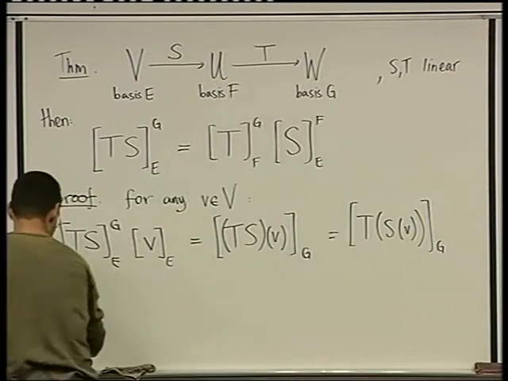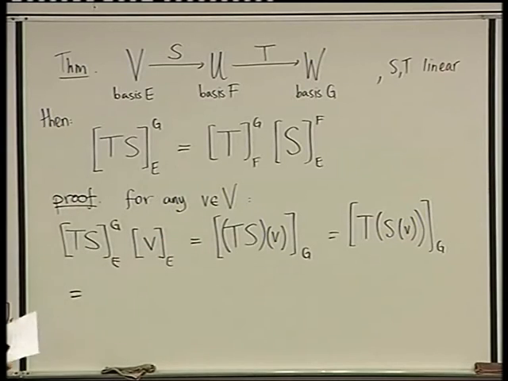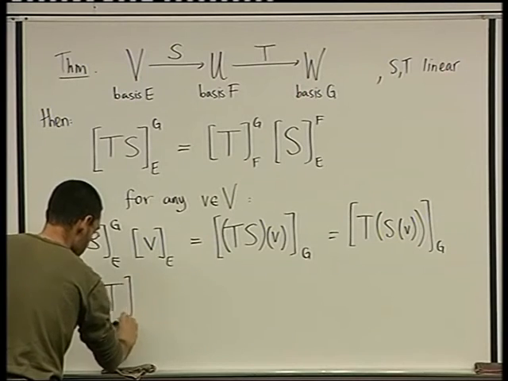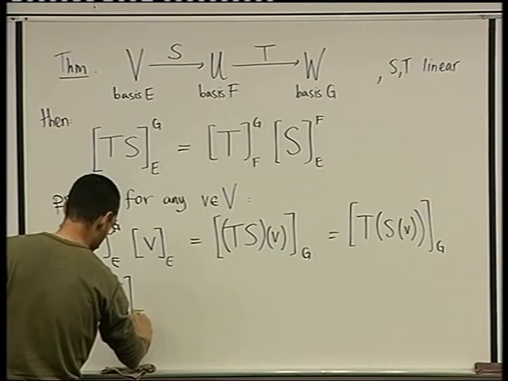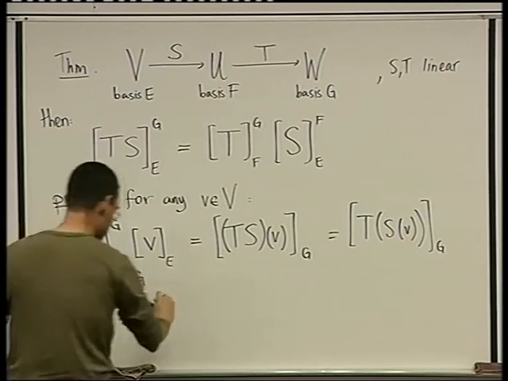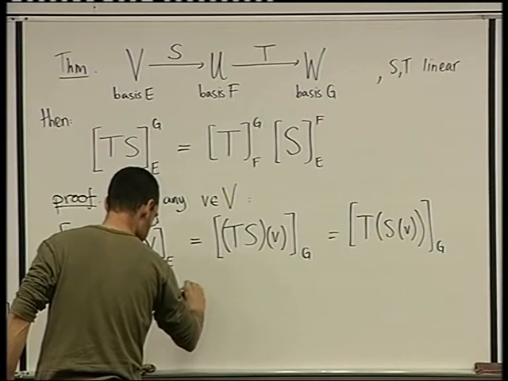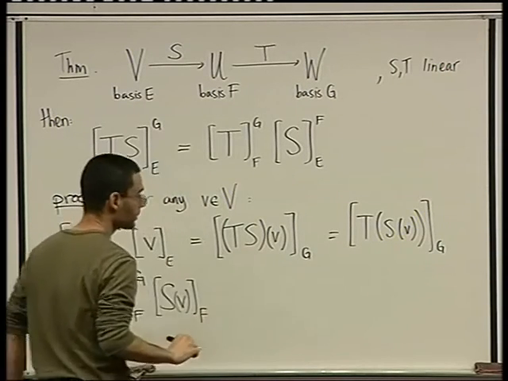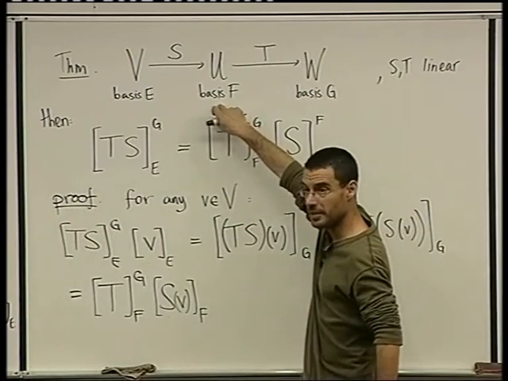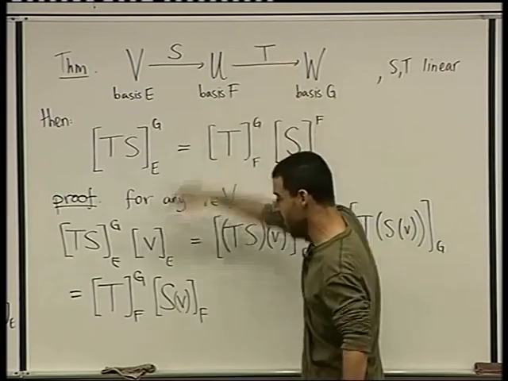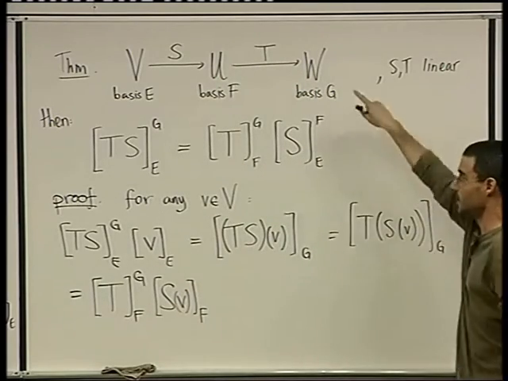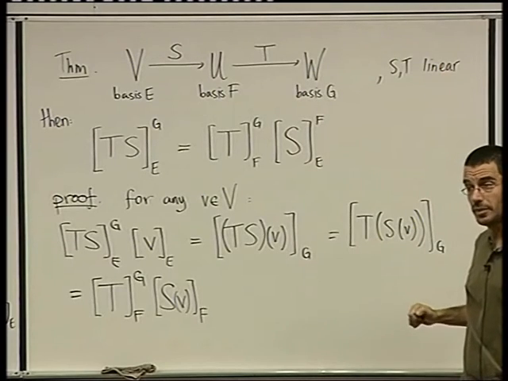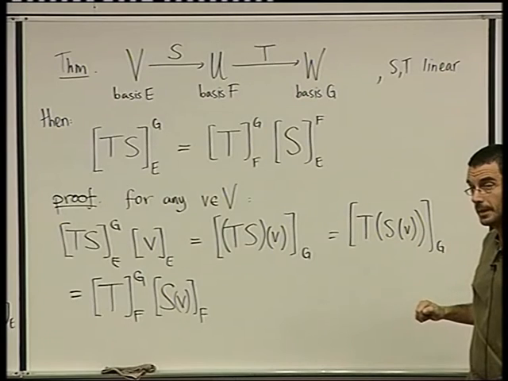So this equals, again, by the same theorem that I used here of what it means to be a matrix representation, this is the same as T, the matrix representing it, F, G, times S of V in the basis F. Take S of V in the basis here, act on it by the matrix representing T, you get T of S of V in the coordinate vector in the basis G of W. Okay? Good?